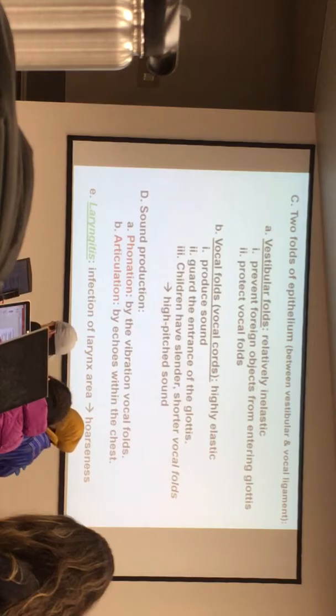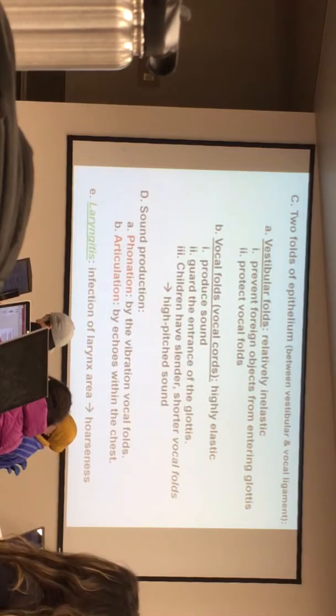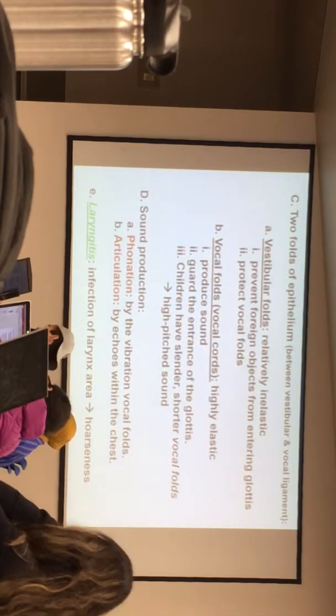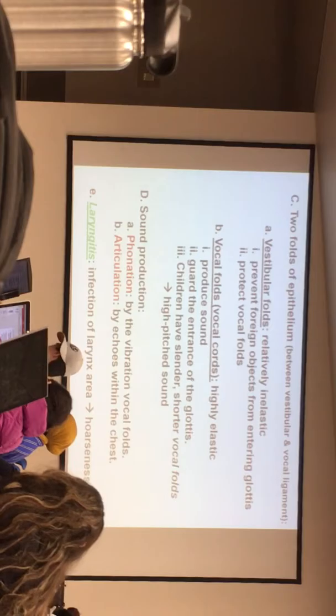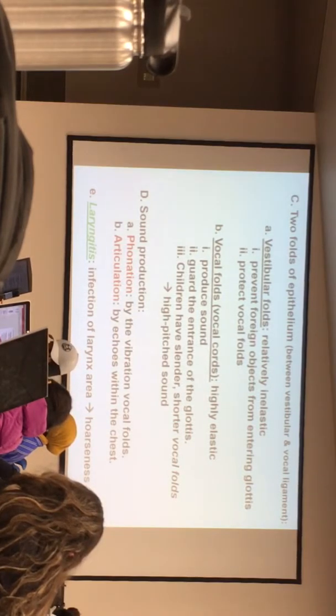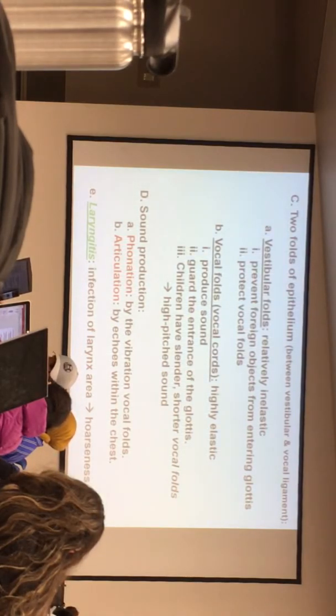But when they turn to a teenager, the voice already changed, because the vocal cord becomes longer and bigger, and so they create a lower sound. And this vibration, we call it phonation.